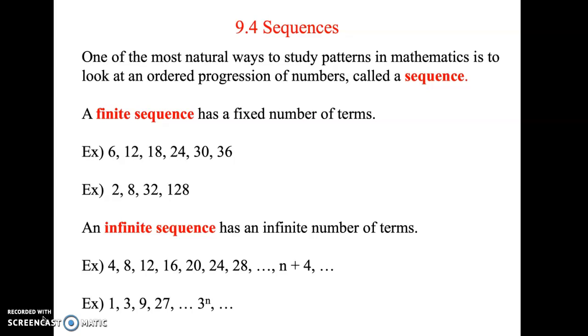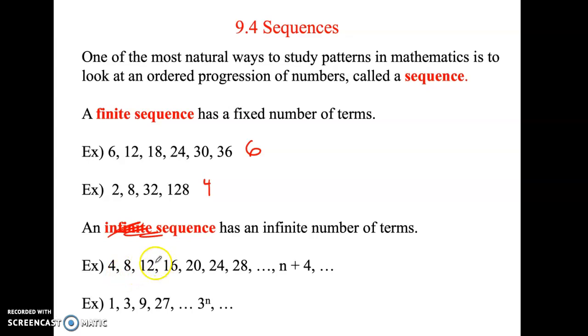One is finite, and finite means that it has a certain number of terms and you can count them. So we can count 1, 2, 3, 4, 5, 6 terms, a finite number, 1, 2, 3, 4 terms. Infinite just means that the number of terms go on forever. We can't count them.